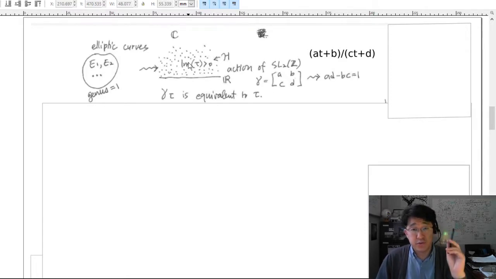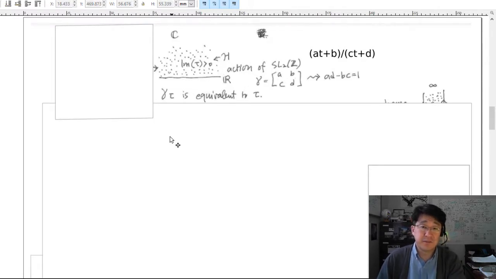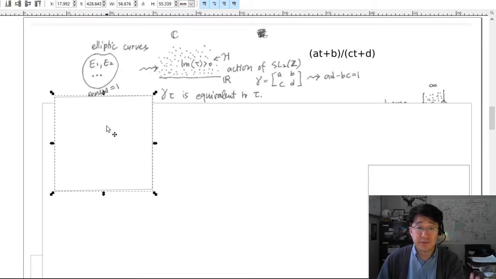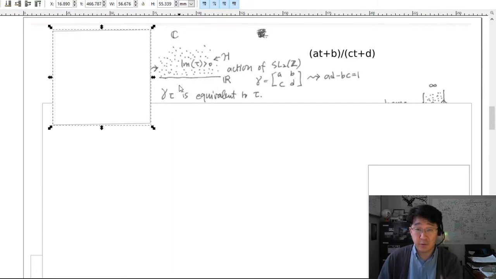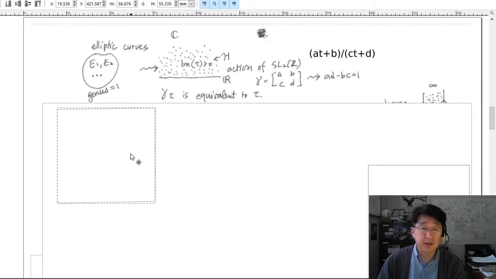So the story goes from here, in this very simple setting that anyone who has had a very basic course in complex variables can understand. So we're going to forget about these isomorphism classes of elliptic curves and focus on this very, very simple setting, and then at the end we'll come back to this connection and think about it again.